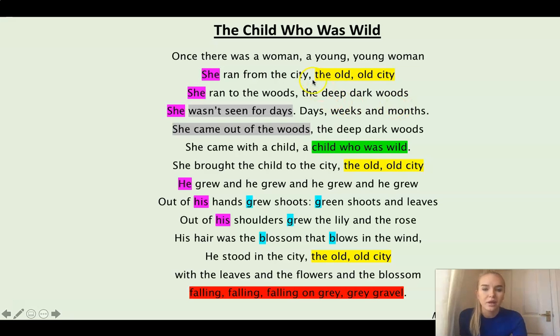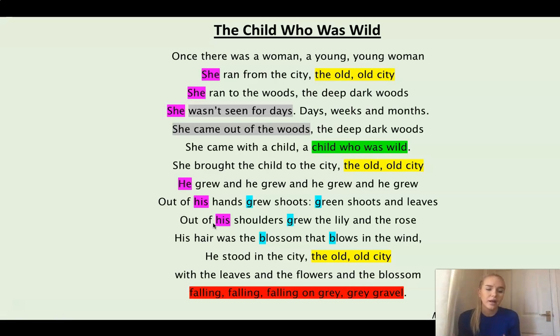I love how the poet has used pronouns. This is something that we don't always annotate in secret strings, but I did notice the use of pronouns. For the first half of the poem, the pronoun "she" is emphasised a lot, whereas in the second half it's all about "he, his." So it's really emphasising that the woman is a she and the child is a he.